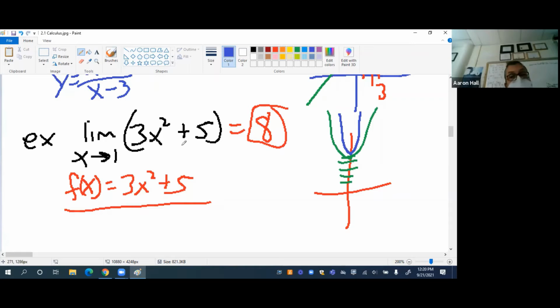What happens if you try and take the limit of something that isn't a function? If you take a limit for something that isn't a function, then it would not exist. All right, cool.